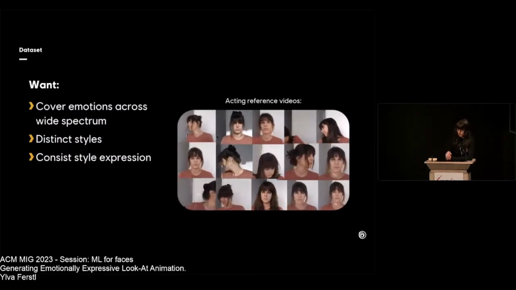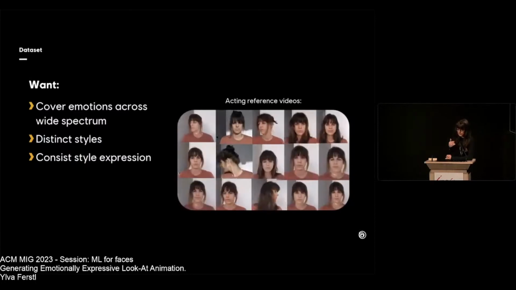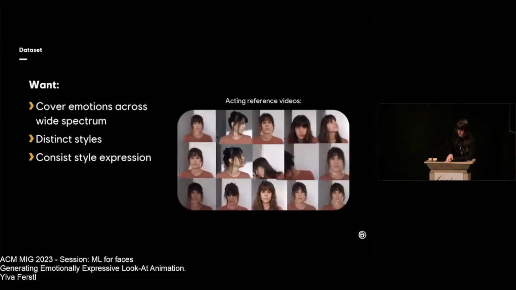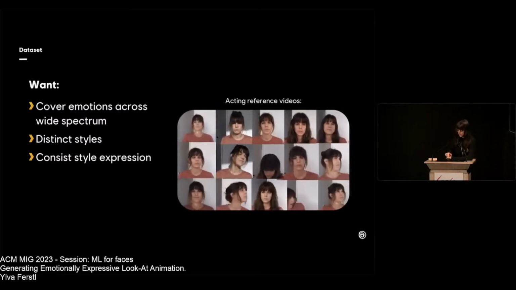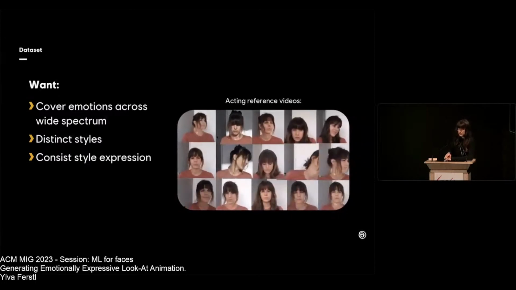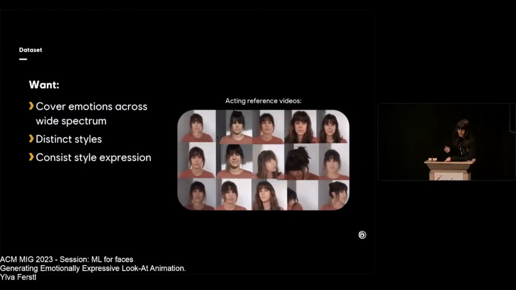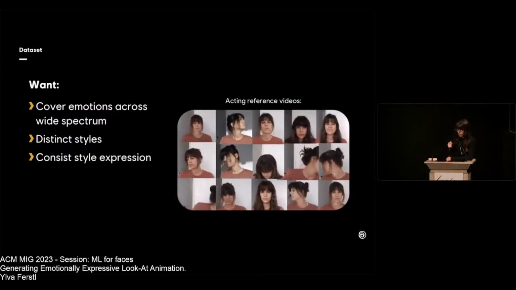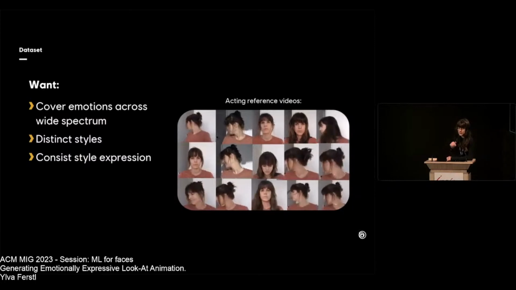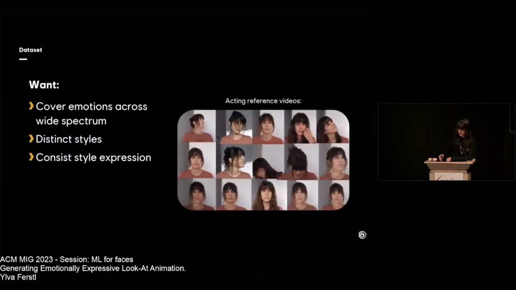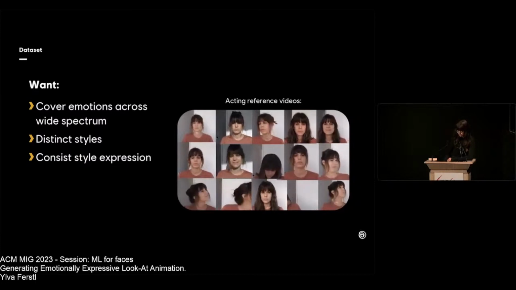For this, we developed an exact acting guide reference, again by working with an animation expert to create reference videos for each emotional style, showing how each style should be portrayed. These videos were then used to both prepare the actor before the shoot and to redirect them during the shoot to ensure this consistent and expressive expression.